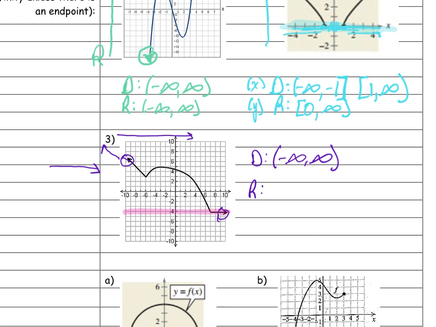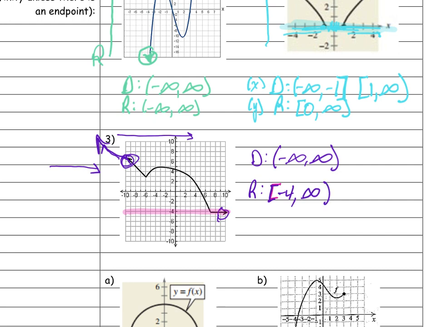It becomes not vertical, horizontal, becomes a horizontal line. Okay, so it flattens out and doesn't go any lower than -4. So my range starts at my lowest range, which is -4. And then because I have an arrow here and it's still going up, my highest range or my highest y is going to be 0.